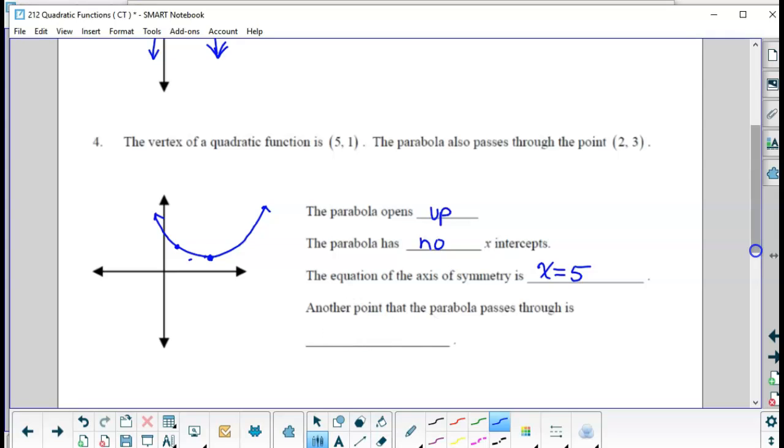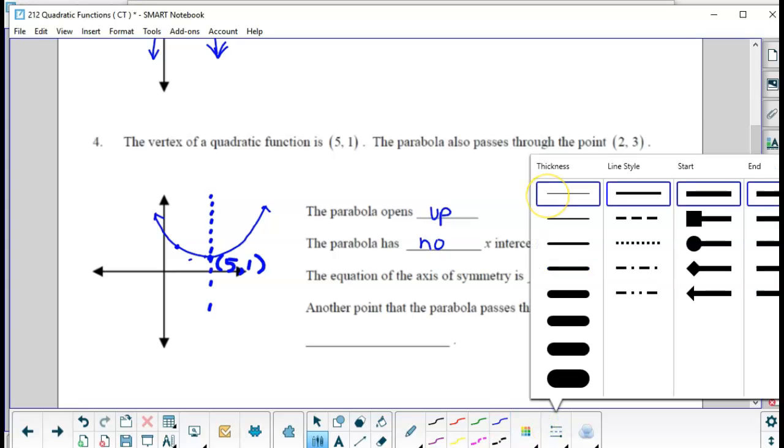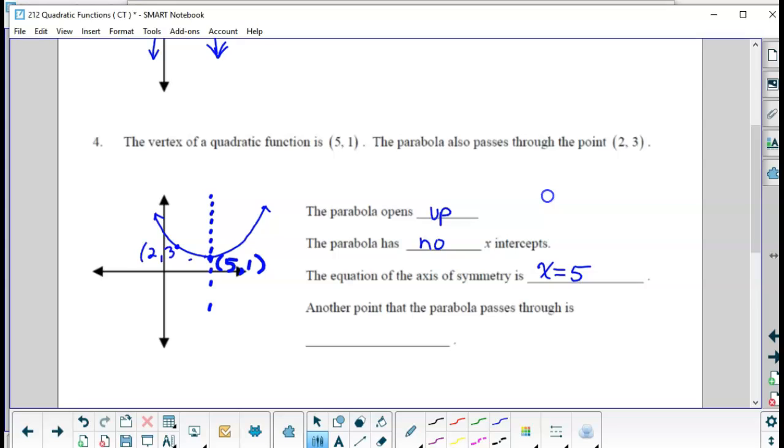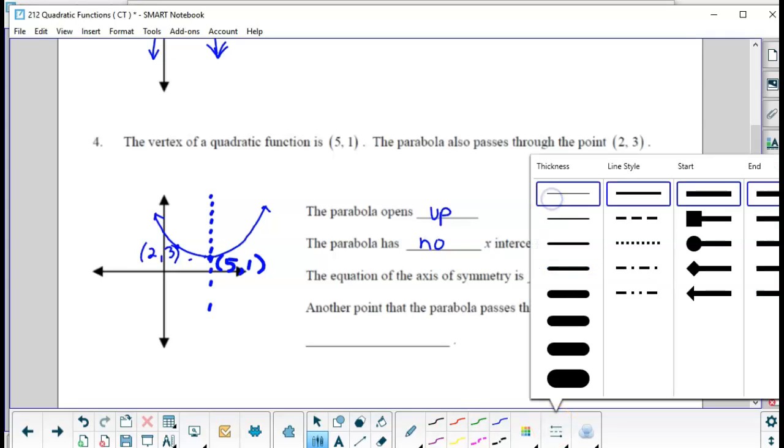So let's think about being symmetrical. So this is, what was this, 5, 1. And this is, so this is 2, 3. So think about, I'm going to switch to red. Okay.